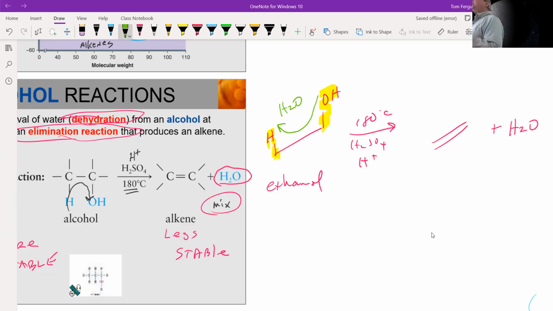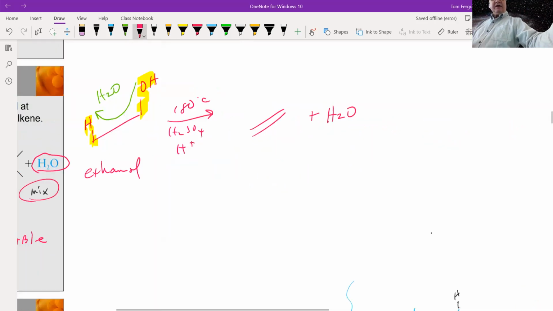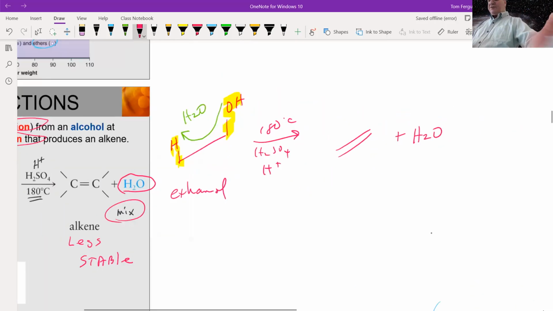Now, with this simple reaction, we don't end up with a mix. The problem is frequently we have a mix. So in your flow diagram, I have a little nomenclature that says expect mix. Are there any questions about how we got this reaction?